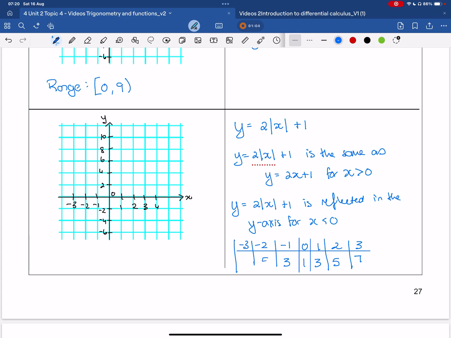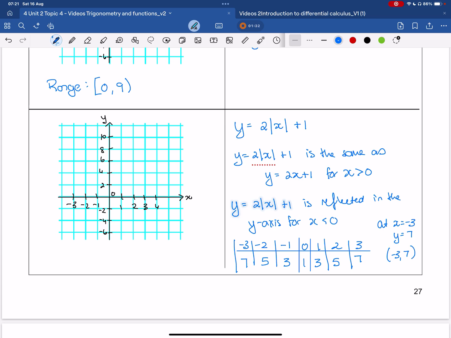And what I get is a graph that is exactly the same on the left-hand side as on the right-hand side. Okay? And luckily I've gone all the way to negative 3 because at x equals negative 3, y is going to be 7, and I'm going to need to have a point at the end of my domain.